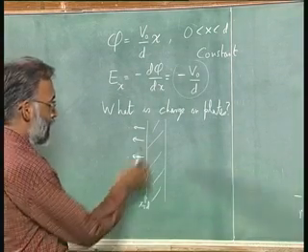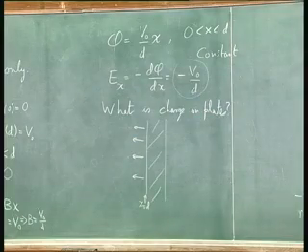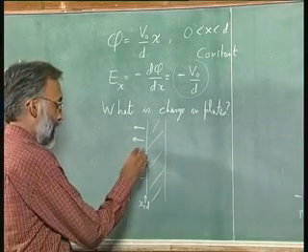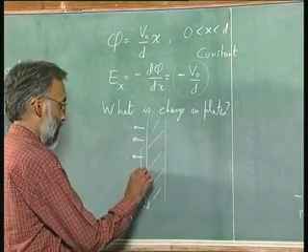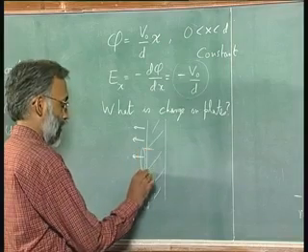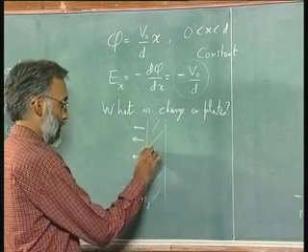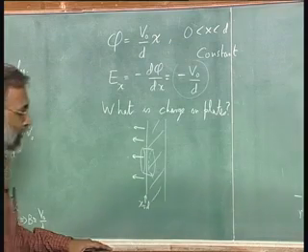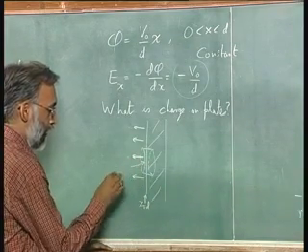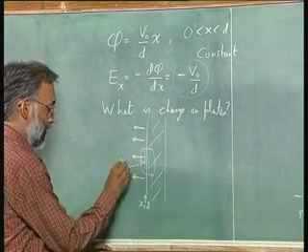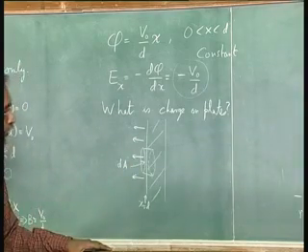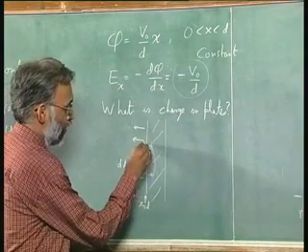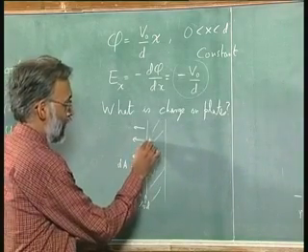So, if I have such a situation, what I can do is I can take a surface that looks like this. This surface has a flat region with an area dA. It has a sloping region with a length, call it h.